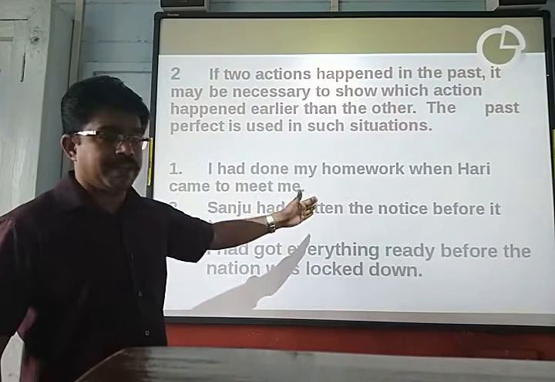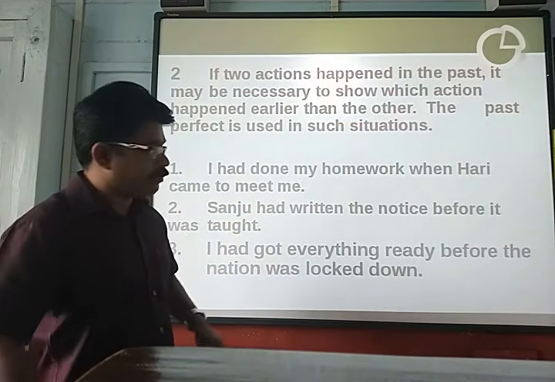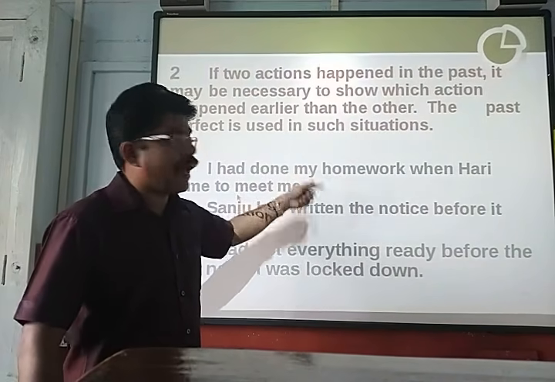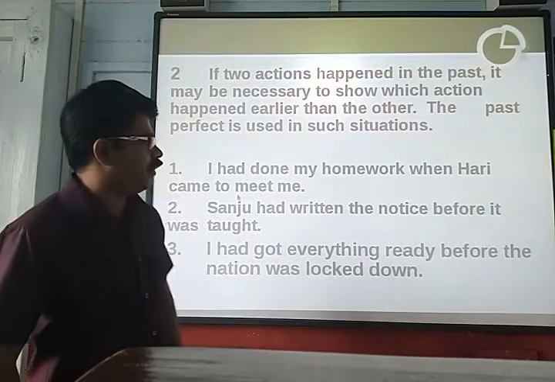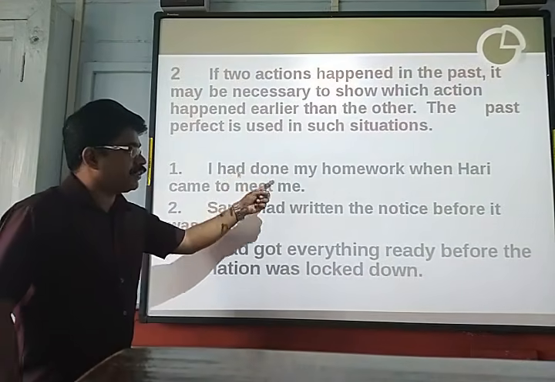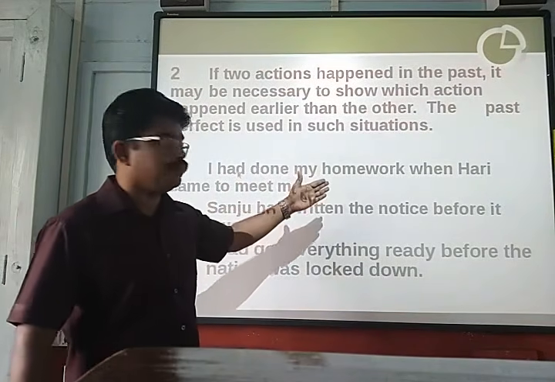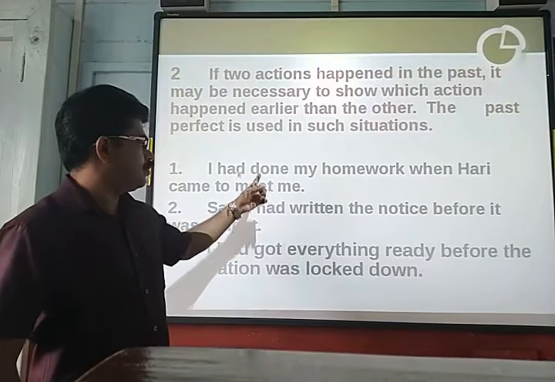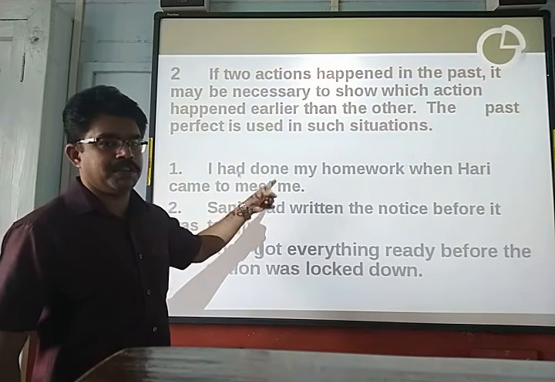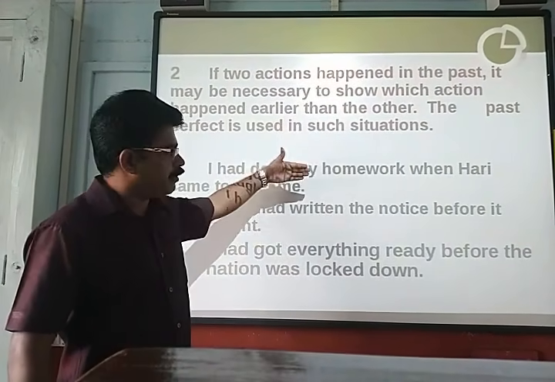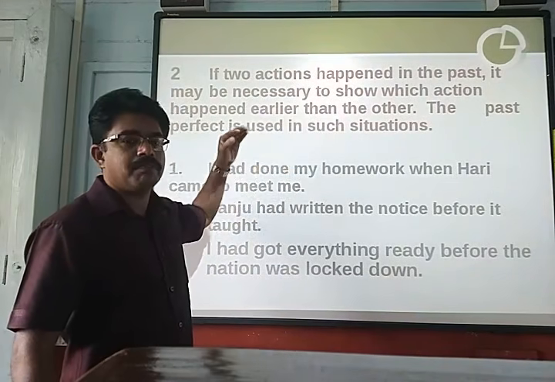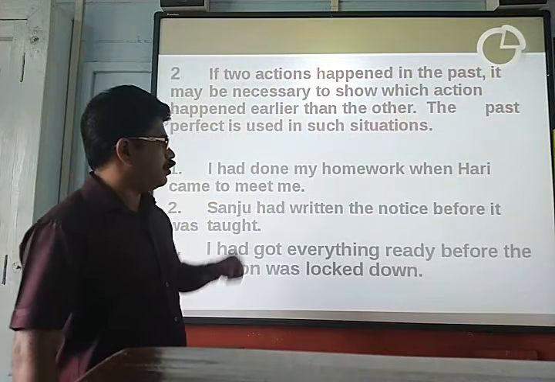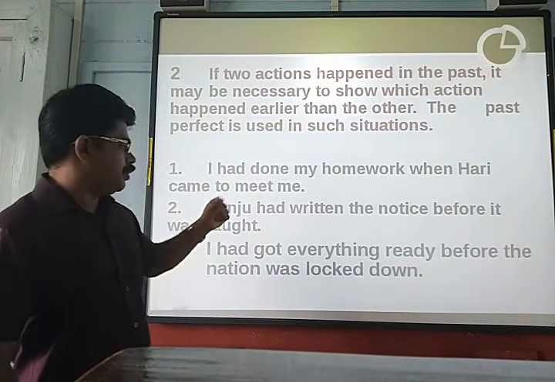These two activities happened in the past, but when this activity took place, the other activity had already been completed. So past perfect tense shows the activity which was completed earlier. This tense is used for the activity that was completed earlier than the other. So, I had done my homework when Hari came to meet me.